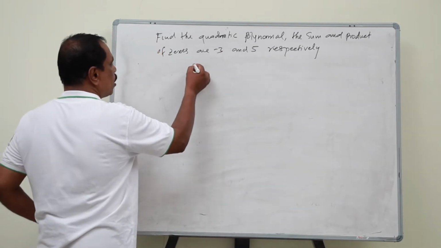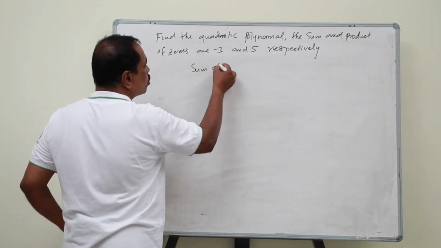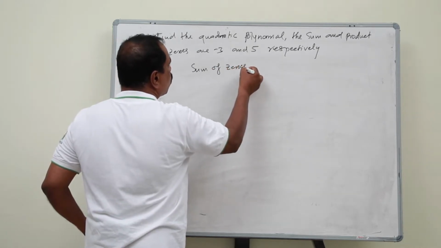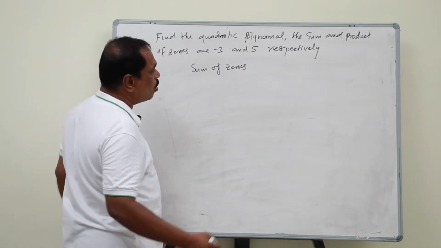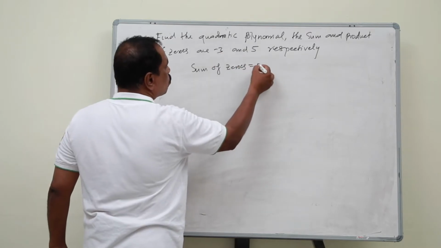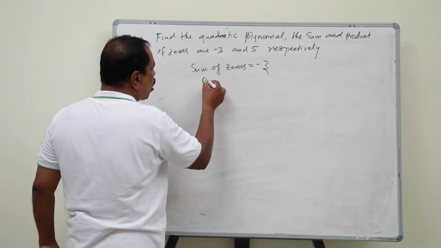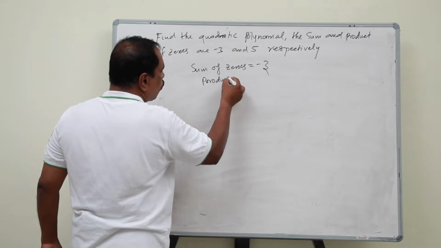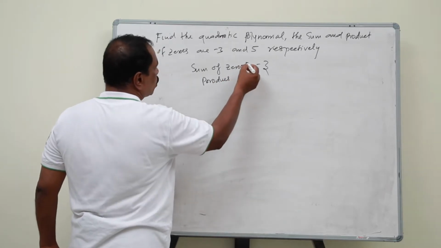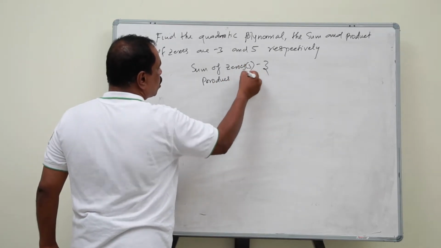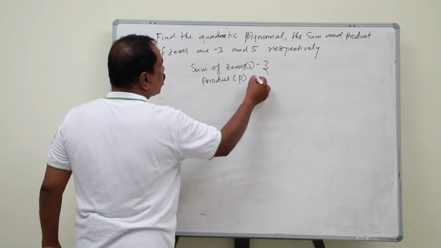So sum is given. Sum of zeros is given, or alpha plus beta, equal to minus 3, and product of zeros, say yes sir, product p equal to 5.